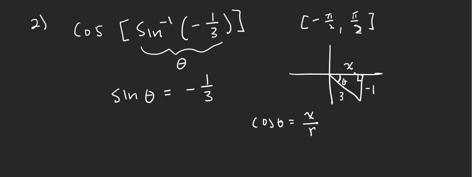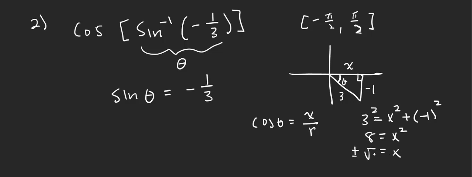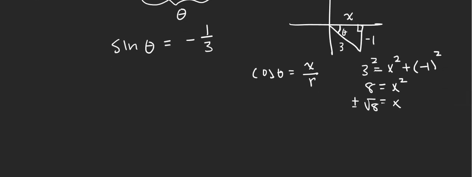Well, that's when we use the Pythagorean theorem. So it's going to be 3 squared equals x squared plus quantity negative 1 squared. And when you evaluate that, you're going to get x squared equals 8. So x is plus or minus radical 8, which is plus or minus 2 radical 2.